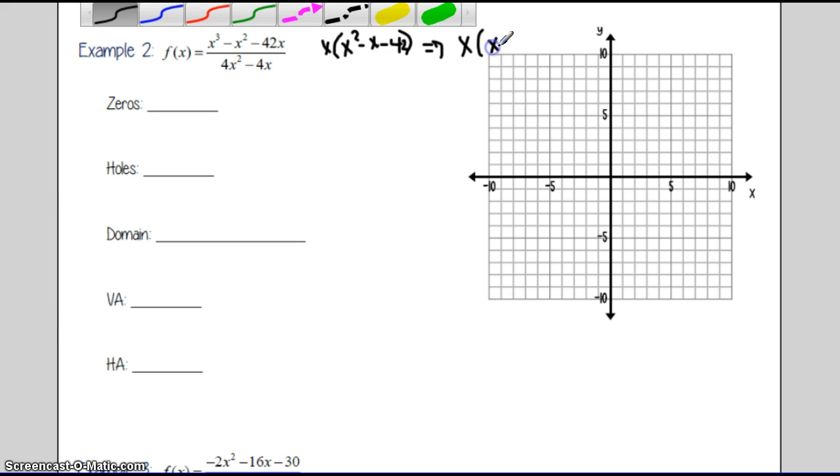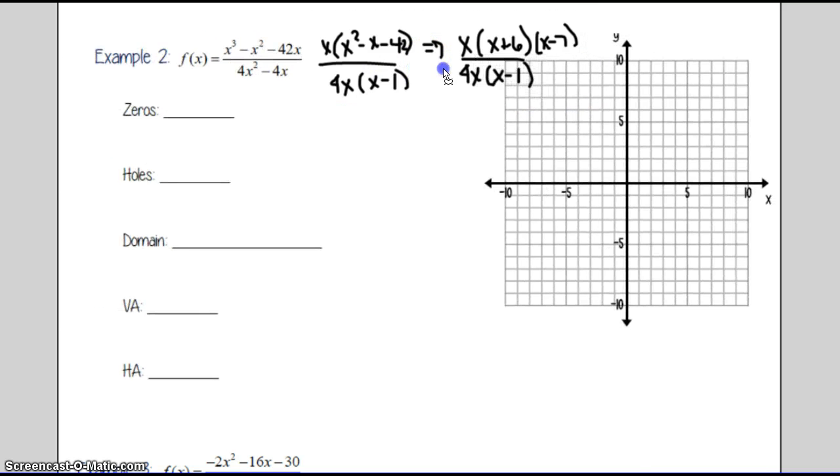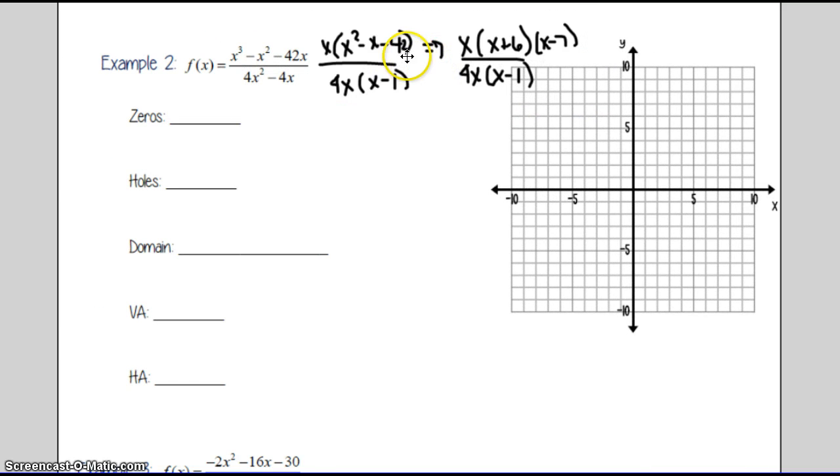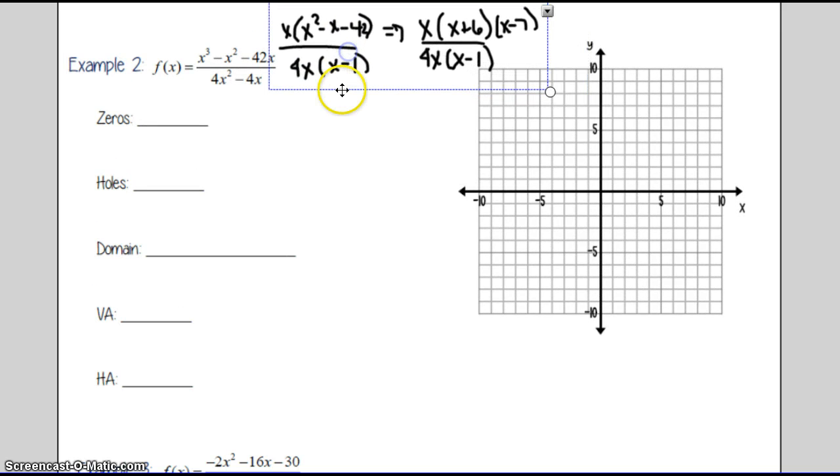So that's going to be an x plus 6 and an x minus 7 over, and then on the bottom here, let's pull that 4x out, so it's 4x and x minus 1. And we don't really want to cover up our graph. I just had to go over a little bit. There we go. And move it up. All right.